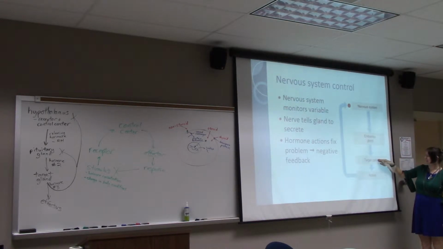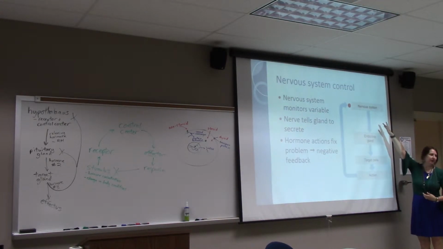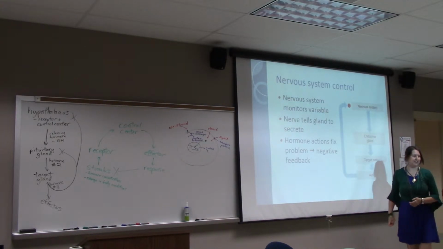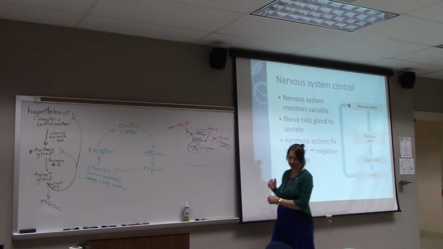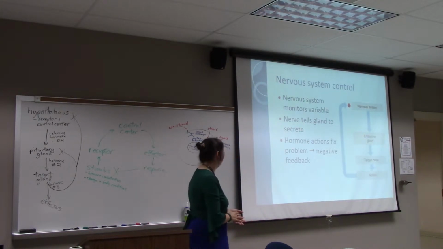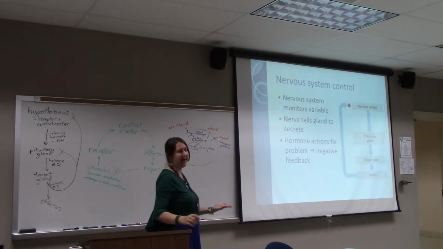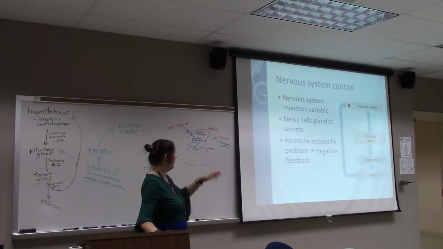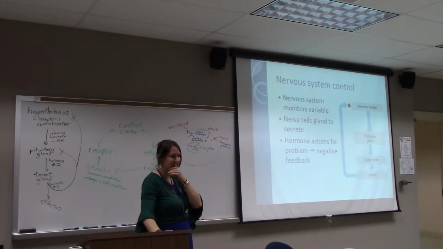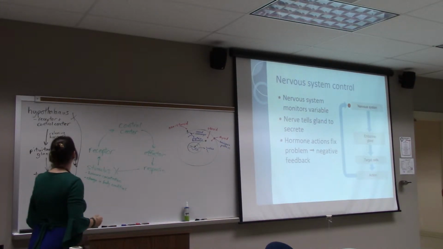The hormone stimulates the target cells, which are the effectors. They fix the problem, which tells the control center in the nervous system, we don't need to do this anymore. So this is generally found with fast-acting hormones, and that's why we don't need to block the starting signal like we do here.